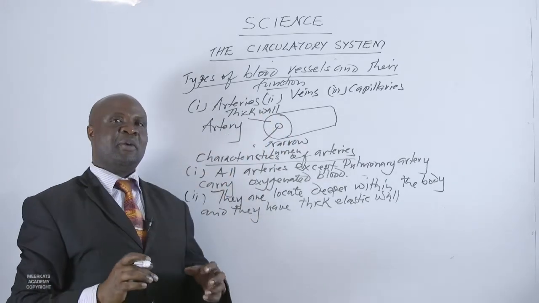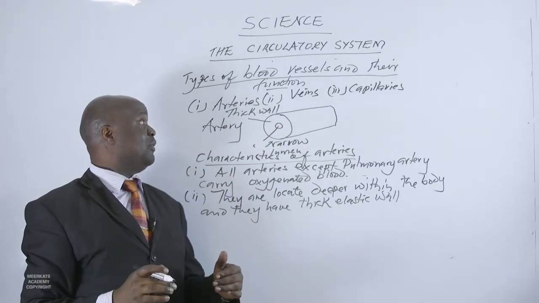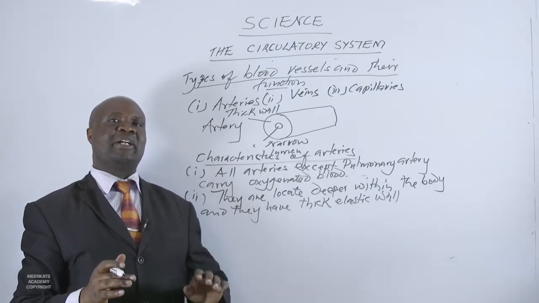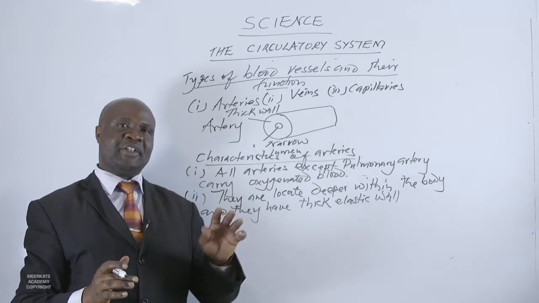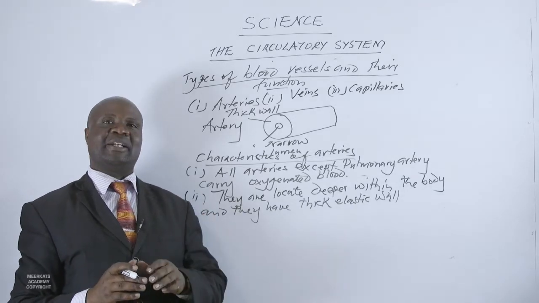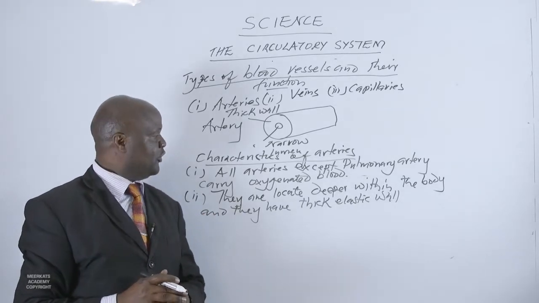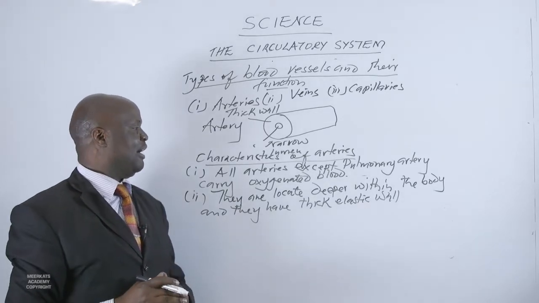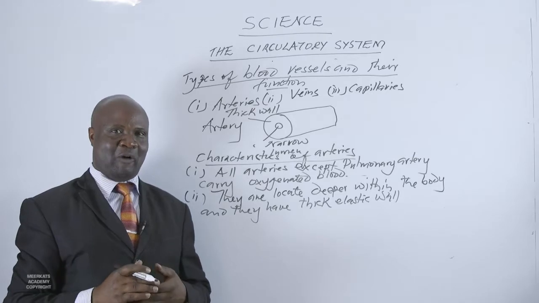Why thick? The wall is thick so that it can maintain high pressure, so that the pumped blood can reach the organs it is intended to reach. So they are located deeper within the body and have thick, elastic walls.